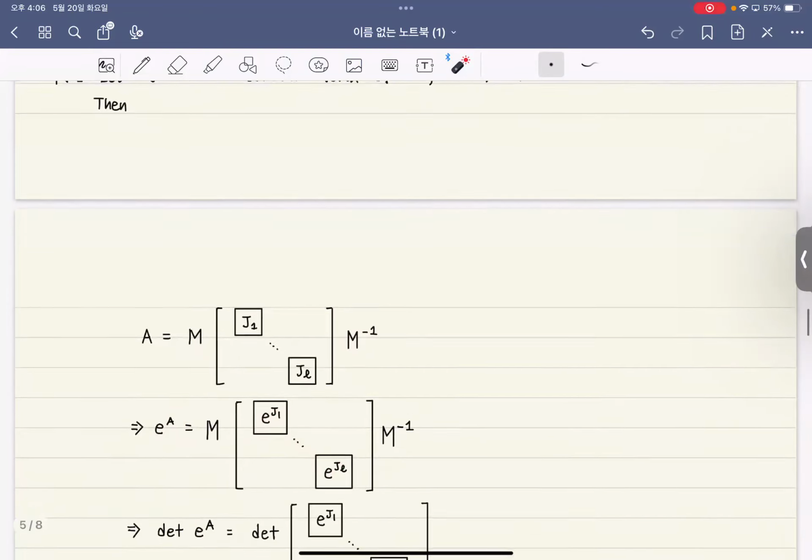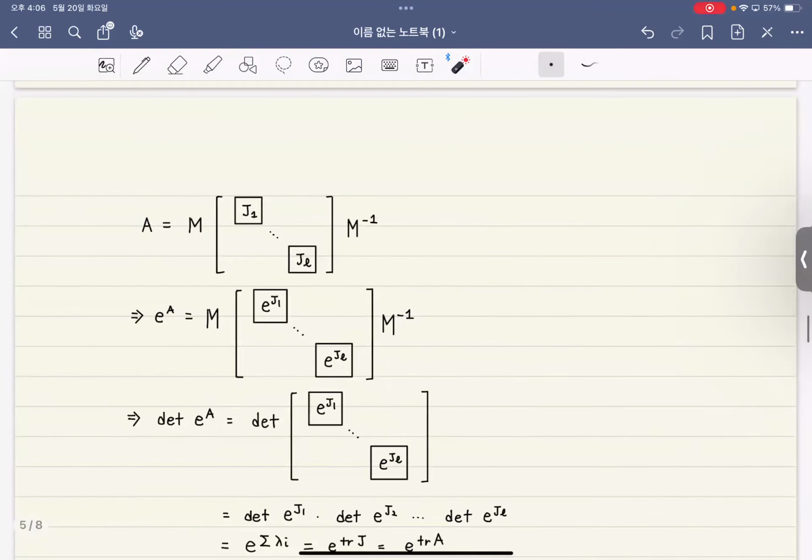Okay. And what now? Now I am trying to compute the determinant of this guy. But you know, the determinant is invariant under the similarity transformation. So the determinant of this matrix is the same as the determinant of the matrix in the middle. And this is a block diagonal matrix.